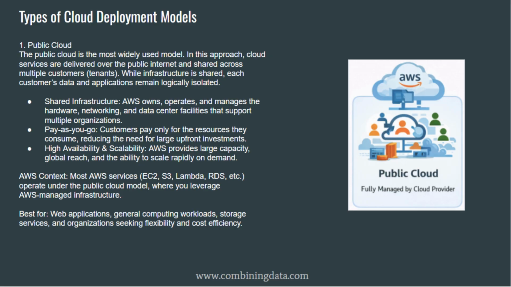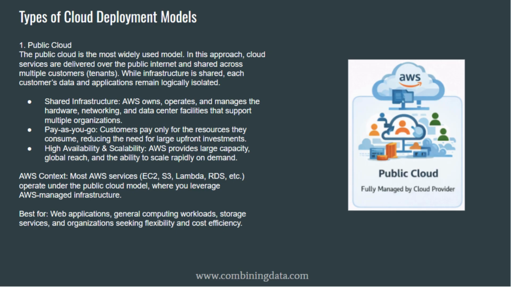Public cloud in the AWS context. In AWS, most services operate under the public cloud model. Services like Amazon EC2, Amazon S3, AWS Lambda, and Amazon RDS all run on AWS managed, shared infrastructure, even though customers experience them as isolated environments.